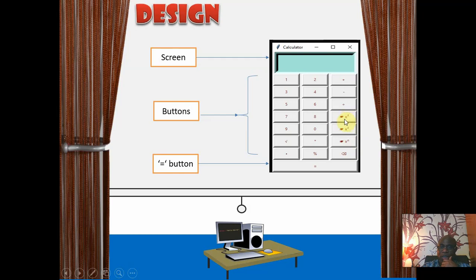This is exponentiation, raising a number to the power of 2, I believe, and raising a number to the power of 3, sorry, and then raising a number to any power at all, and then the percentage, square root, and all that. I will teach you all these things as we go along. Just make sure you are always logging in and you're following. This is really very important, especially for students planning to carry out a simple college project.